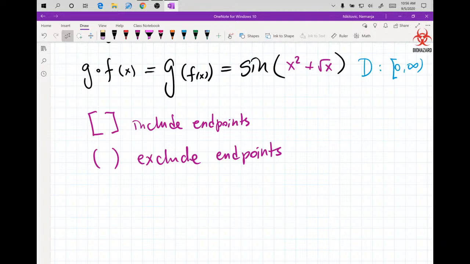So let's go and deal with chapter 2 now.